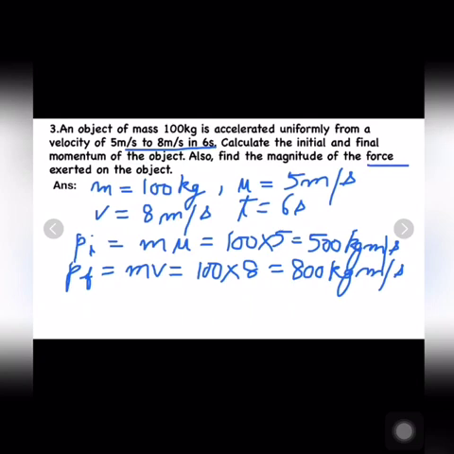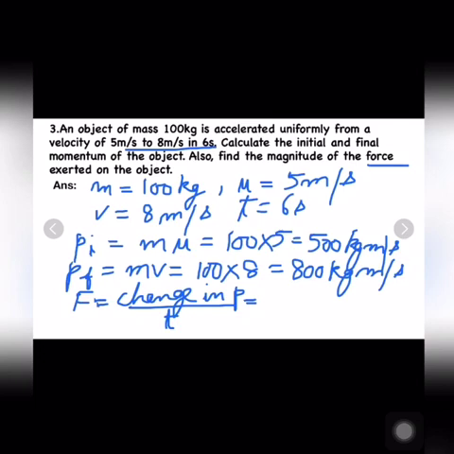And you also have to find out the magnitude of force. So force, according to Newton's second law, is equal to change in momentum, I am writing momentum as P, upon time taken.